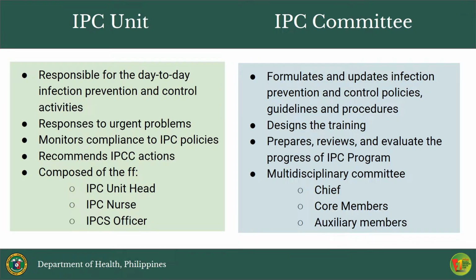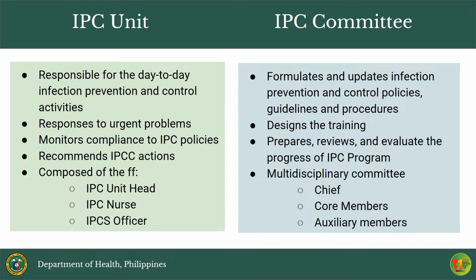The IPC unit is composed of the IPC unit head, Infection Prevention and Control Nurse, and Infection Prevention and Control Surveillance Officer. The IPC committee formulates and updates IPC policies, guidelines, and procedures. They also design the training for infection prevention and control in the health facility.